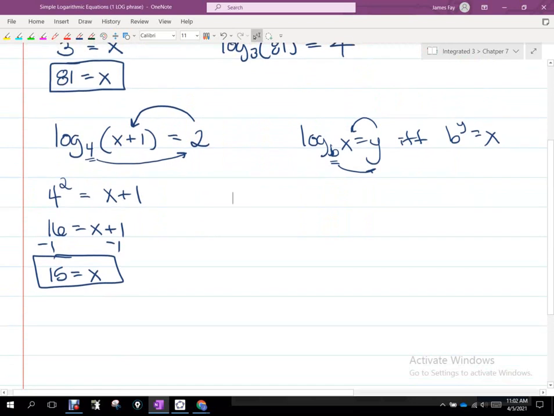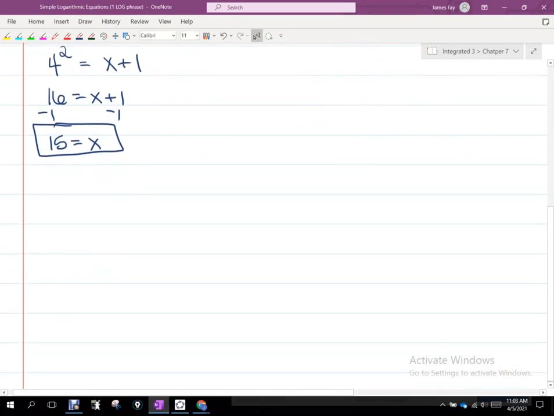Now, this thing here can be anything. Okay, so let's go log base 5 of x squared plus 50 equals 2.